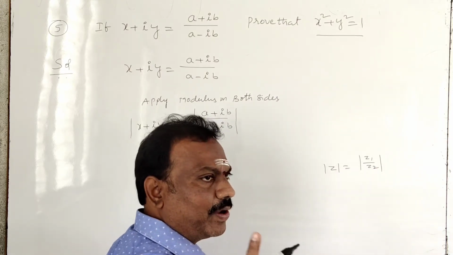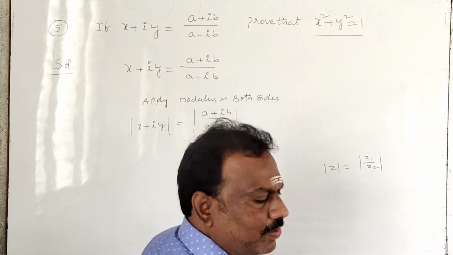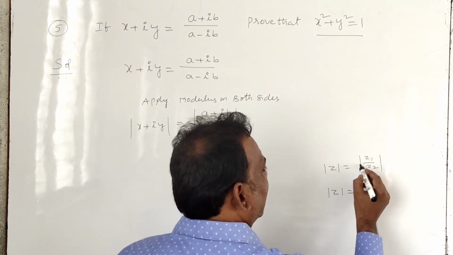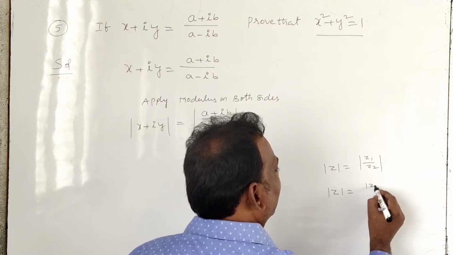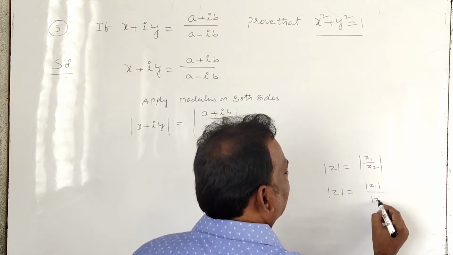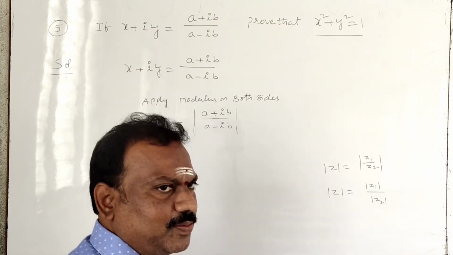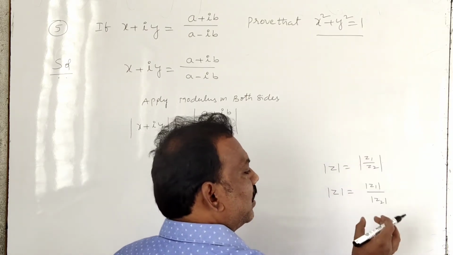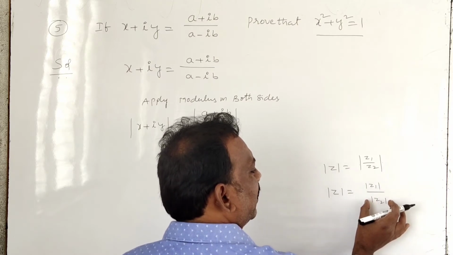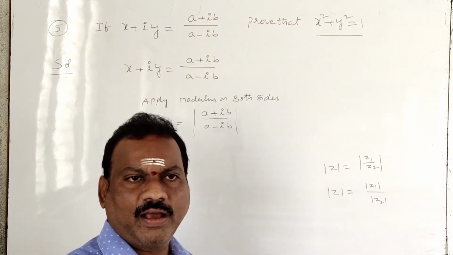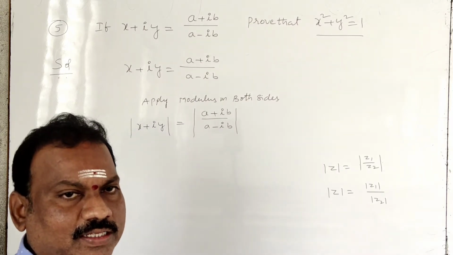I told you the properties of modulus of a complex number, you just recall it. Left side no change. On the right side, the modulus will be individual. Here the modulus is combined for numerator and denominator, so I can split the modulus into numerator as well as denominator. That is a formula or property of modulus of a complex number.